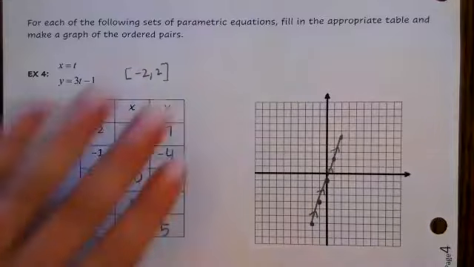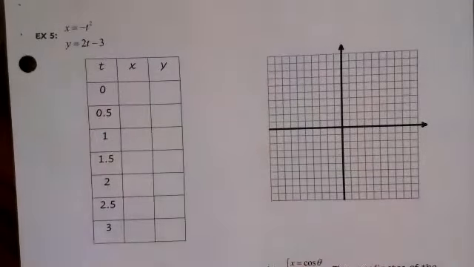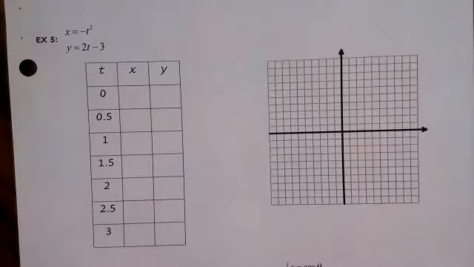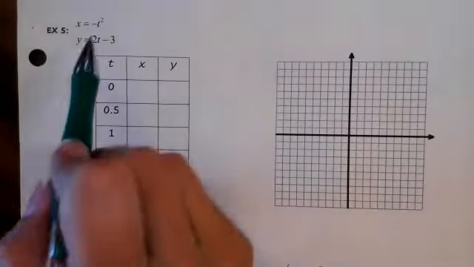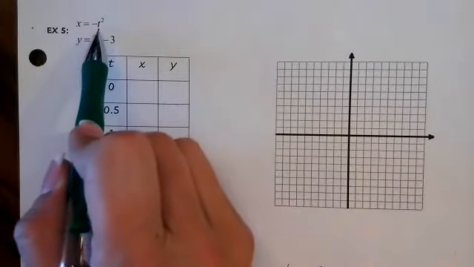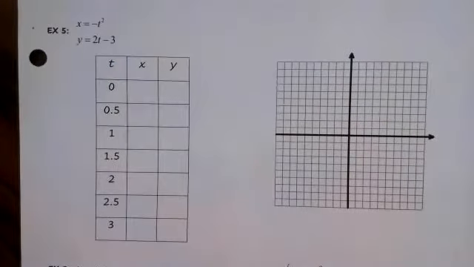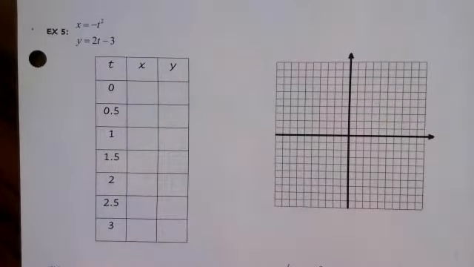All right. The last thing I want to point out is we've dealt with several different functions. So these parametrics can actually be done with several different functions. They don't just have to be linear. For example, we have a quadratic here. You would still work it exactly the same way. We're going to use our t values to plug that in and find what our x and our y's are.